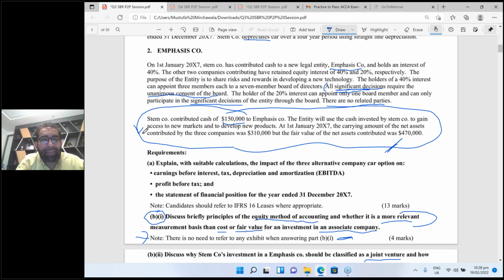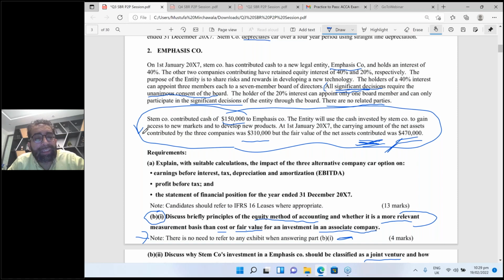At 1st January X7, the carrying amount of the net assets contributed by the three companies was 310, but the fair value of the net assets contributed was 470. That means we got a company with a fair value of 470,000, and our share is 40%.